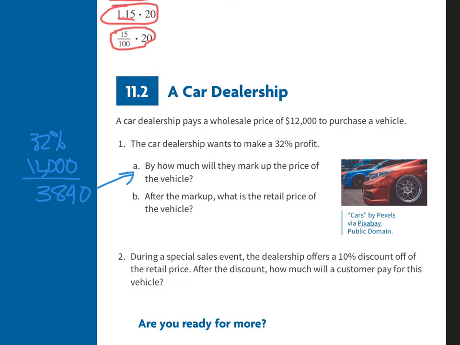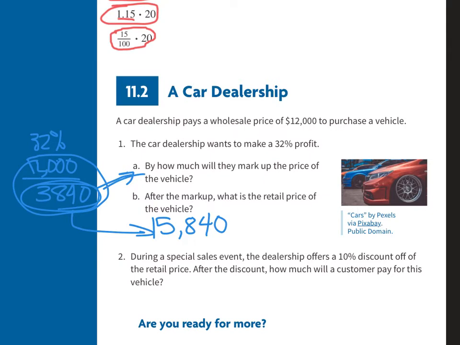Well, 12,000 plus 3,840 is going to be 15,840. Okay? You just add those two together to get that one. So 3,840 goes to A, and then 12,000 plus 3,840 is 15,840. That goes to B. Okay?